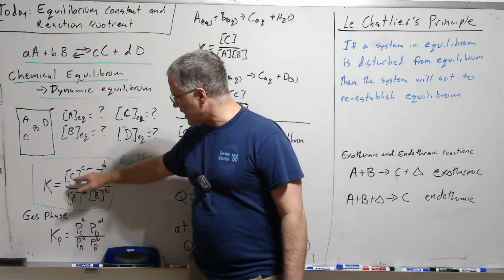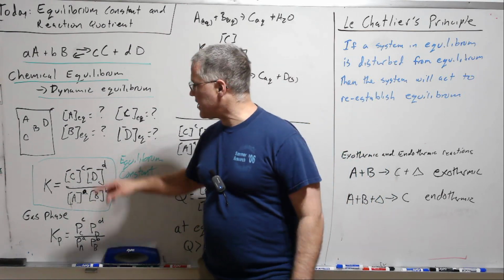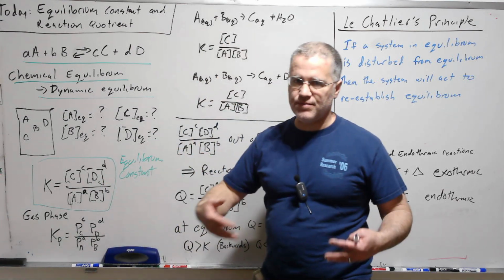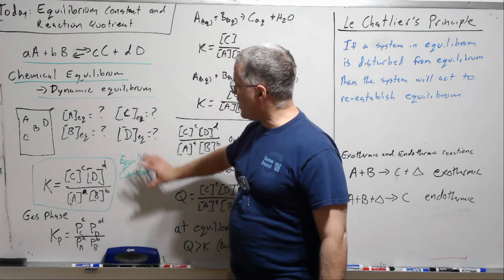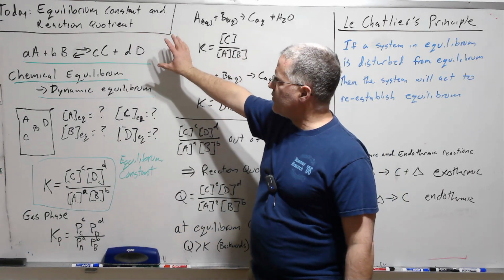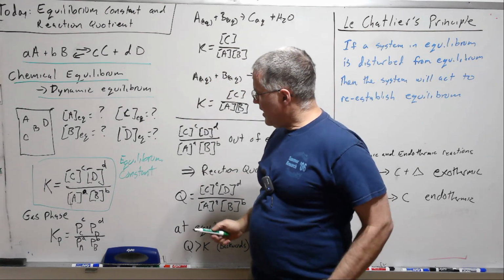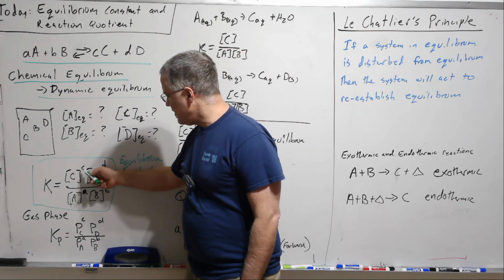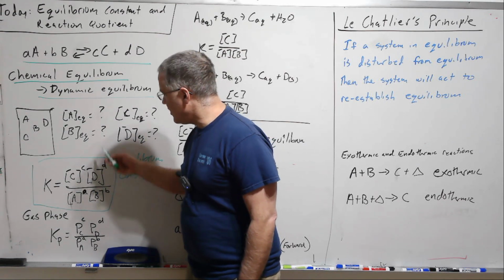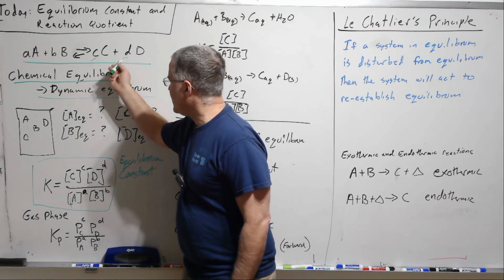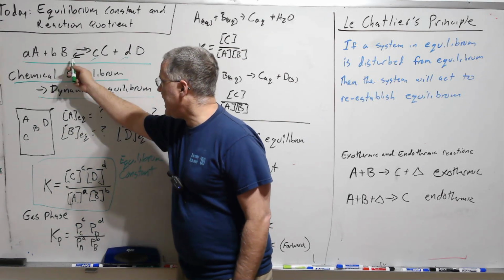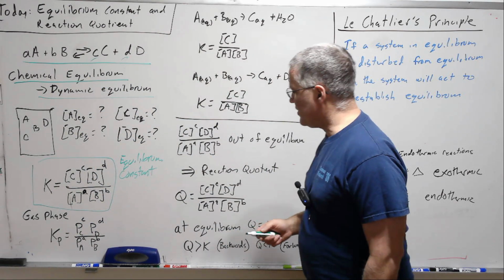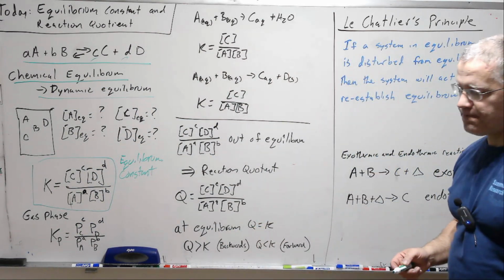It means the products raised to their stoichiometric factor, whatever that reaction may be. So this equilibrium constant is associated with a reaction, and we raise the concentrations of C and D to their respective powers here, and then we divide by A and B concentration raised to their respective powers.